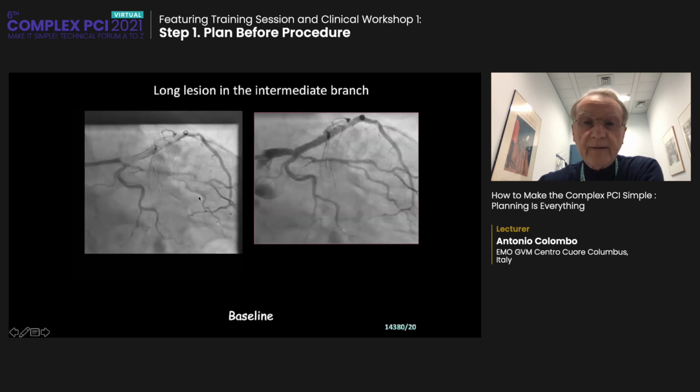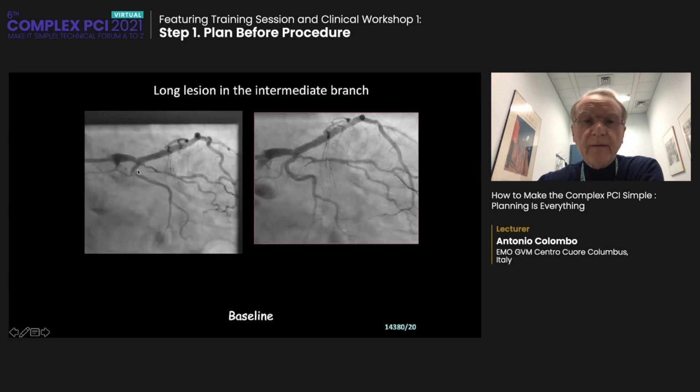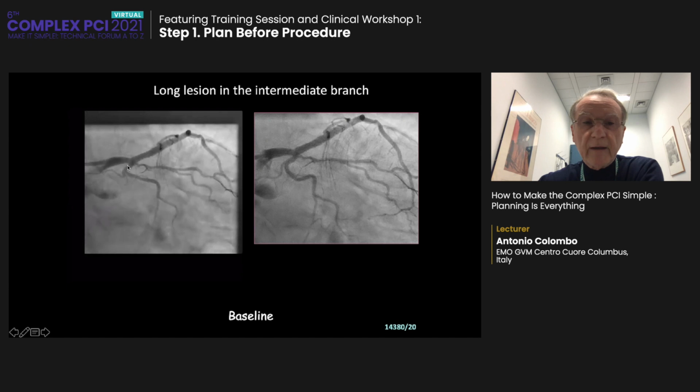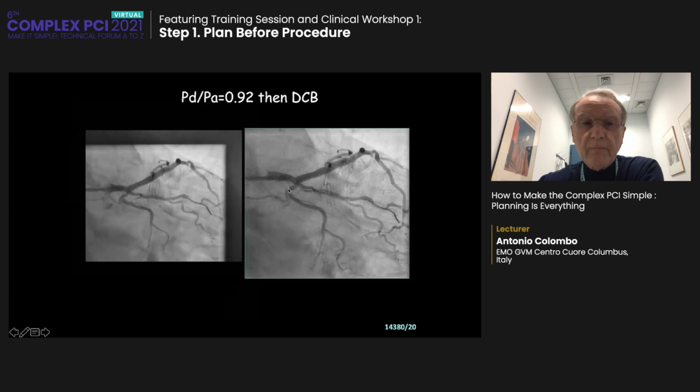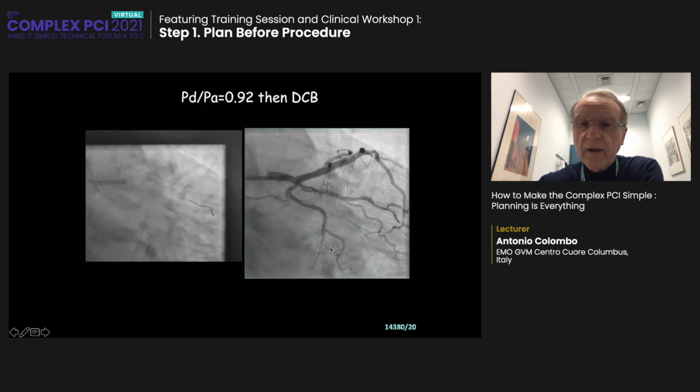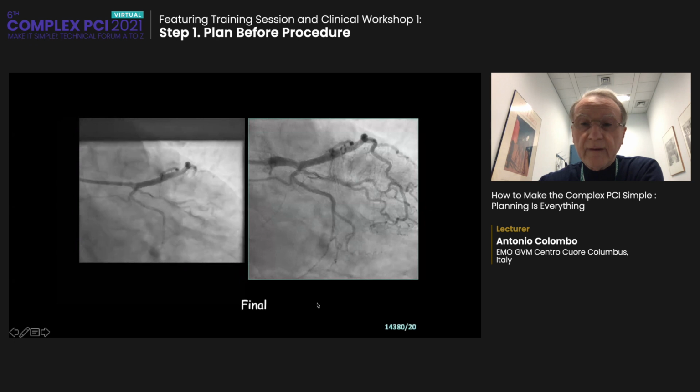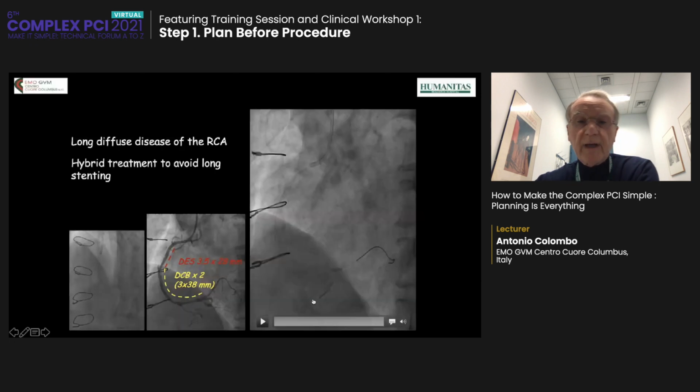This is another example, an intermediate branch, a long lesion. Instead of implanting a 30 millimeter stent, we pre-dilated. There is a mild dissection. We evaluated the dissection with a pressure gradient, and we used a drug-coated balloon.